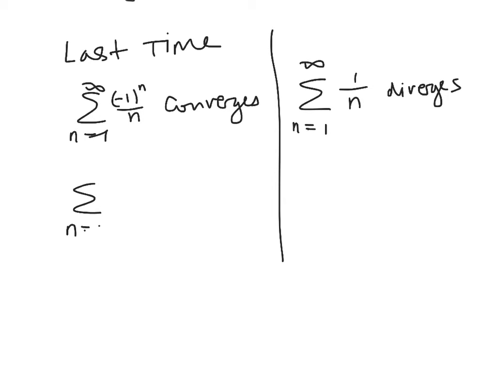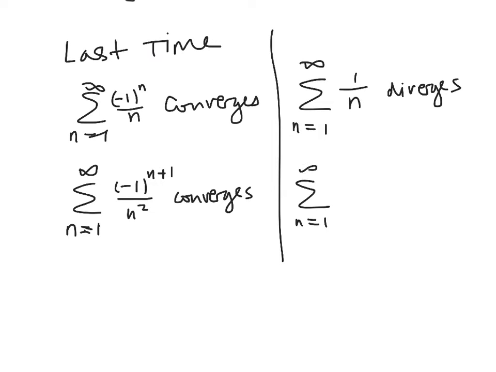It's not hard to show that the sum of -1 to the n plus 1 over n squared also converges by the alternating series test, and we know that the series on the right, 1 over n squared, also converges. So what you're seeing is two different types of behavior.